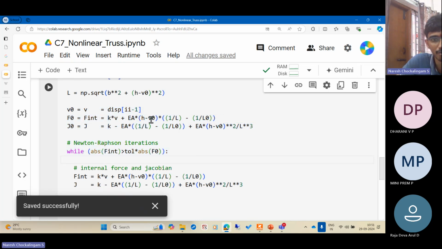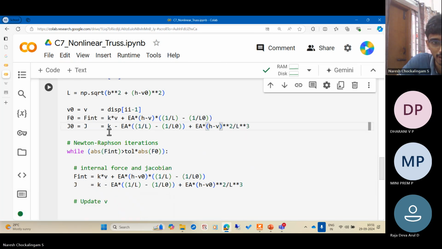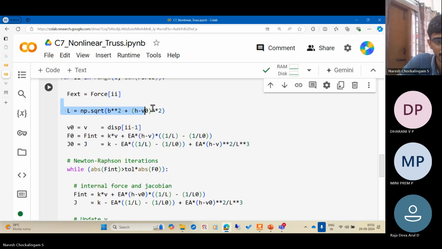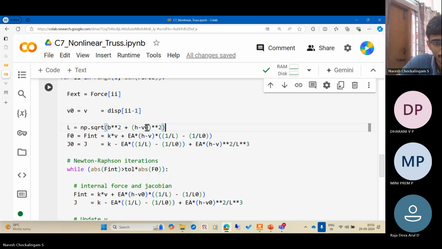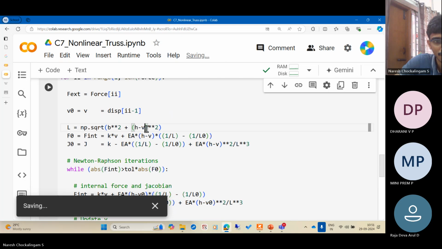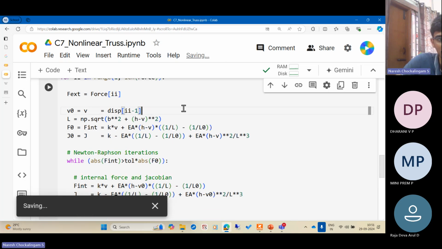So F naught is, so now I don't need the V naught. I can just put V everywhere. H minus V, L minus V. Okay. And this L should also come below. Okay, yeah. So now it is consistent.